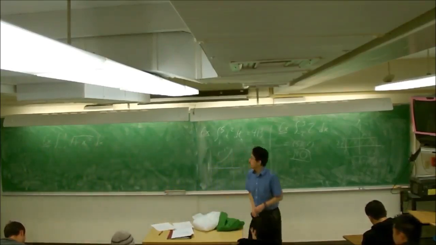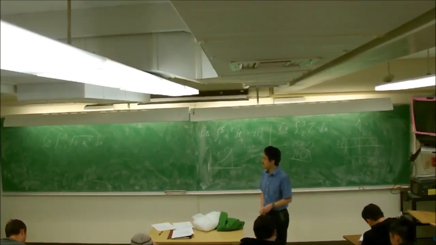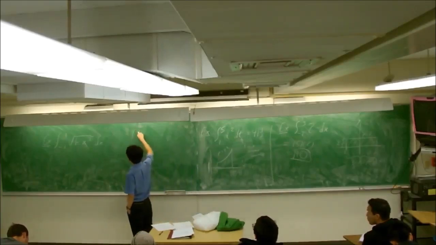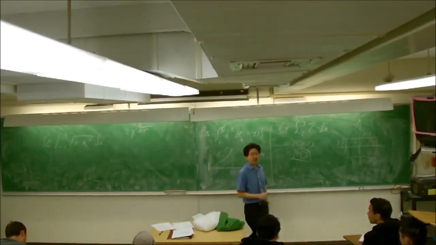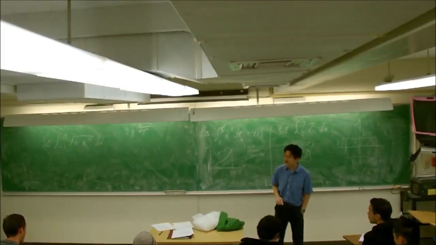Now, in Calc 2, you're going to learn how to do this mechanically, but the geometric way is the way to go, because this is very easy geometrically. But here's the question. Do you remember what the graph of y equals root 1 minus x squared looks like? It's half a circle. Remember that? Half a circle.